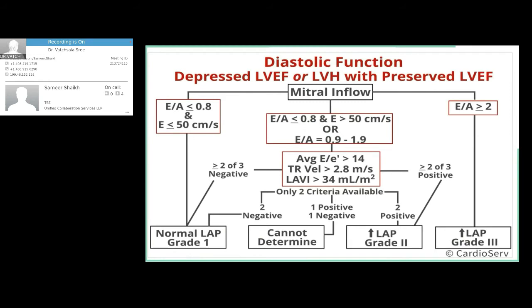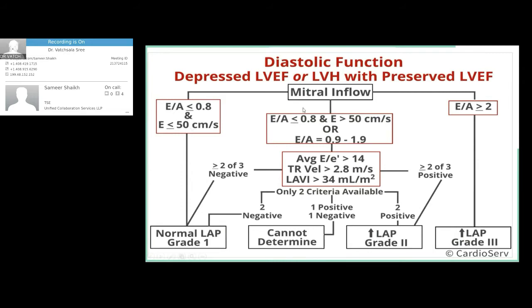But in grade 1 diastolic dysfunction, we established that the E wave is small and the A wave is tall. So because of this reversal, when you have a smaller number as the numerator and a bigger number as the denominator, you're going to have a value less than 1. So when the EA is less than 0.8 and the E velocity is less than 50 centimeters per second, it is because we know that the E wave has become shorter.